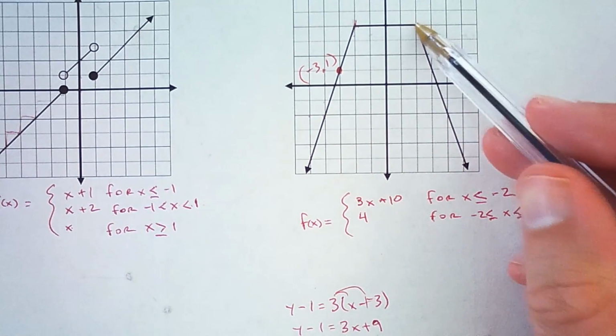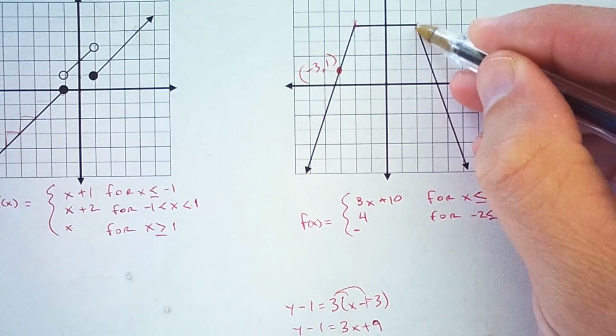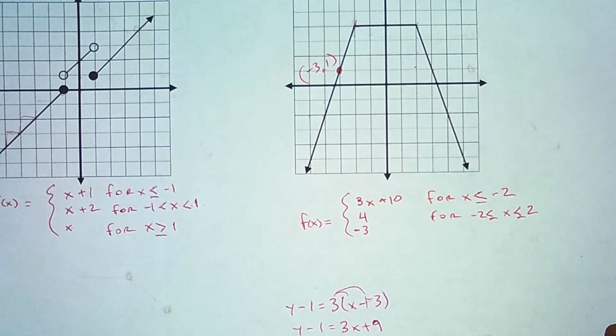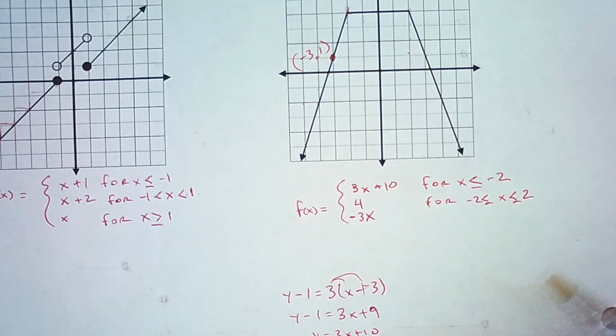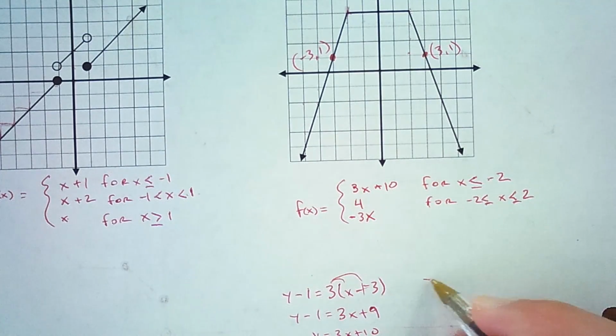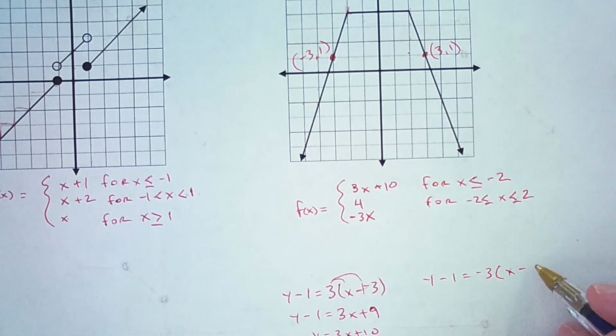Then we need this third piece here. So this one has a negative slope, and it's falling 1, 2, 3, and running 1. So -3 over 1, or -3, is the slope. Okay, then to get the y-intercept, let's use this point right here, 3, 1. So we've got y minus y1 equals m, which is -3, times x minus x1, which is 3.